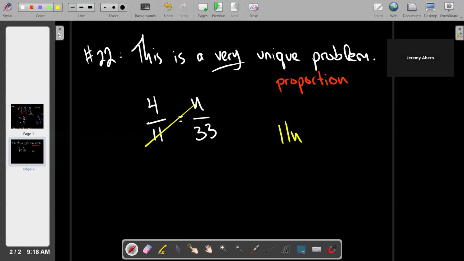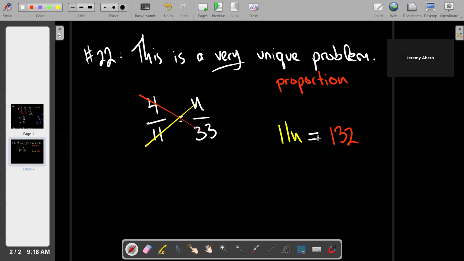What is the answer to the red problem? 4 times 33. It is correct. It's 132. Now, the thing about proportions is this. If there's an equal sign in between two fractions, you can take this to the bank all day long. Those red and yellow answers have got to be equal.